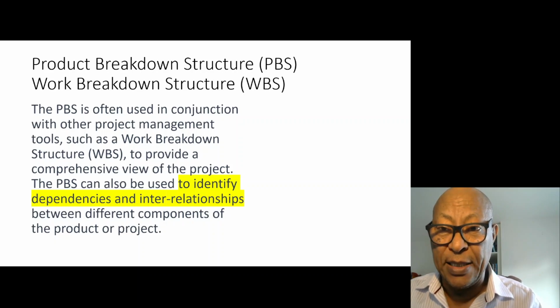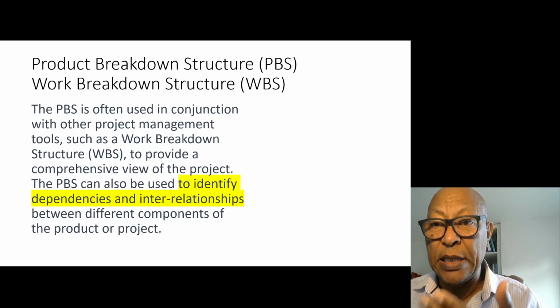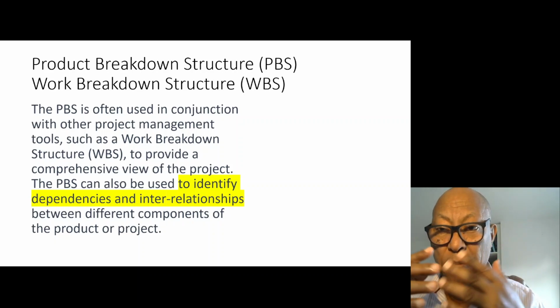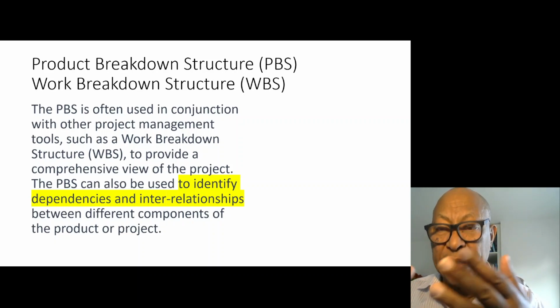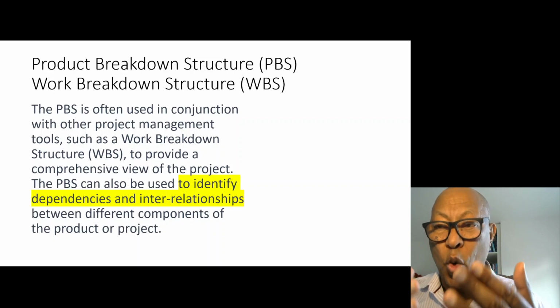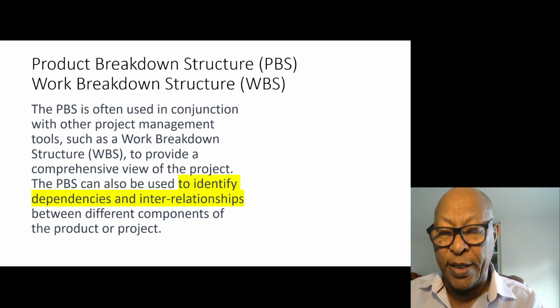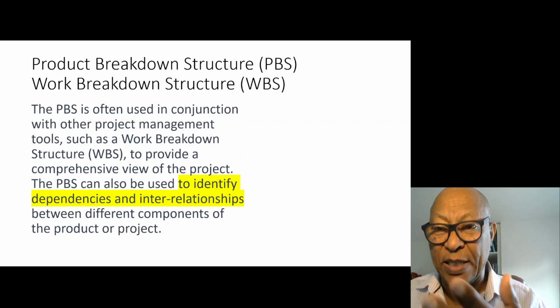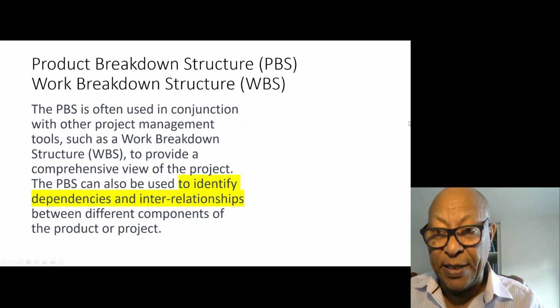So these dependencies help us to manage the planning of the overall tasks: what should be done when, depending on the components, and how the product breakdown structure helps us to define dependencies.